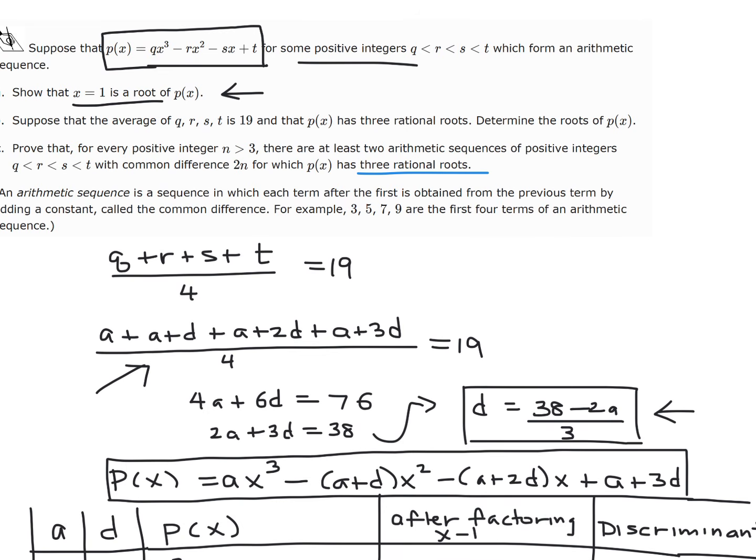So when do you have 3 rational roots? Well, let me think about this. This polynomial is a cubic, right? So the first root is x equals 1. And the second root, we don't know. We'll just call it root 2. And the third root, I don't know.